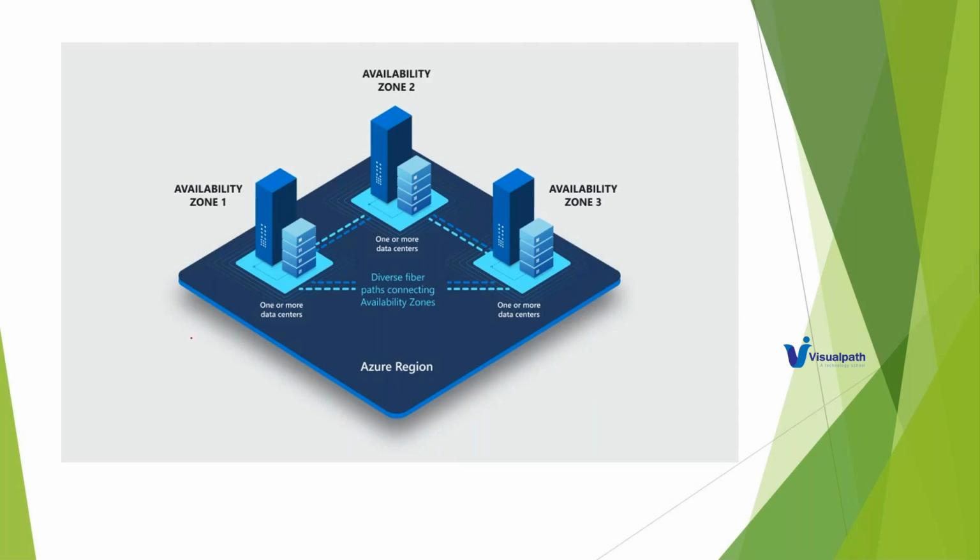For example, if you have more users sitting in India and fewer users in Australia, then you can make India your primary region and Australia the secondary region. Your data will be replicated at both ends. Your Australian users are going to use the Australian region data center or availability zone, and your Indian users are going to use the Indian data center.